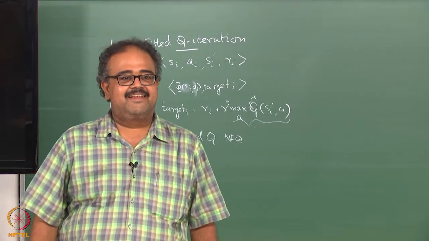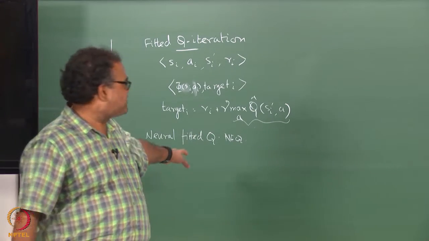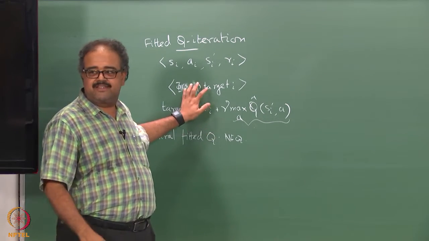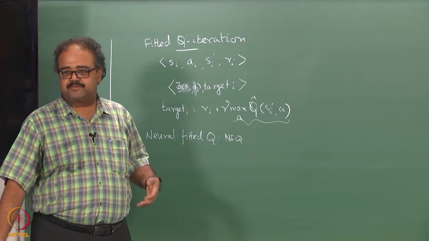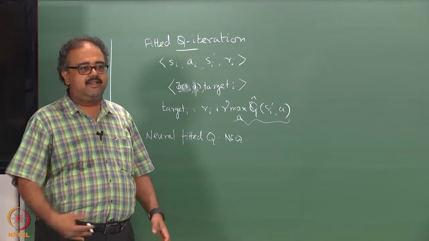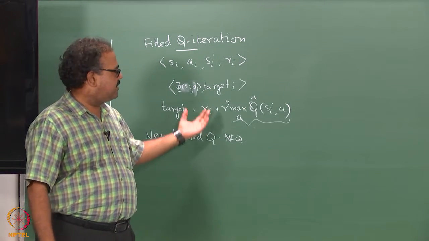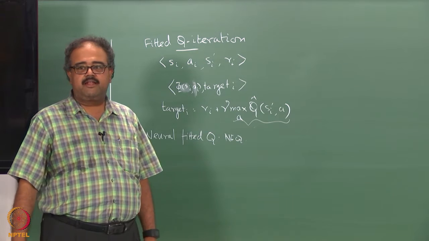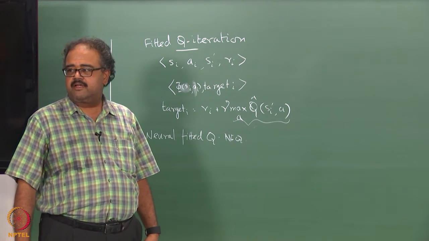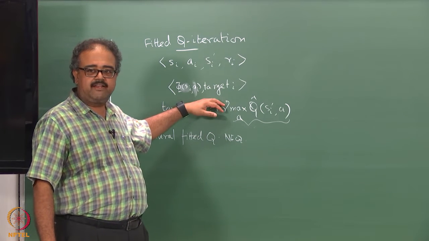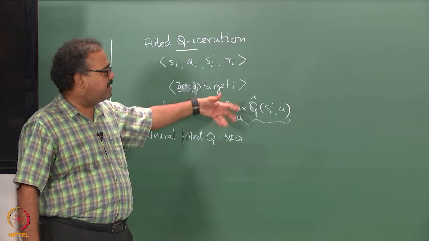Exactly. You make this data set, feed it to a neural network, and then the neural network chugs away and gives you back a new Q hat represented by the neural network, and then you create another data set and you keep giving this until it converges.